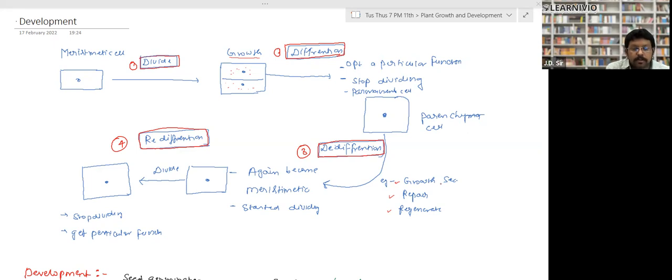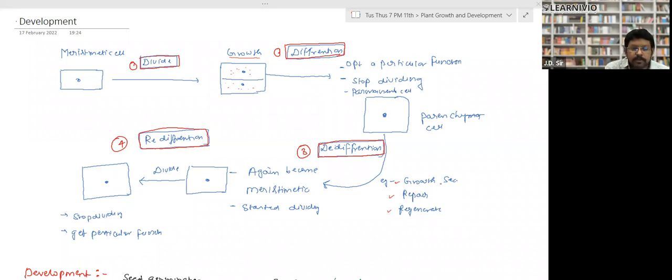When de-differentiated cells divide and again opt for a particular function, this is called redifferentiation, right?